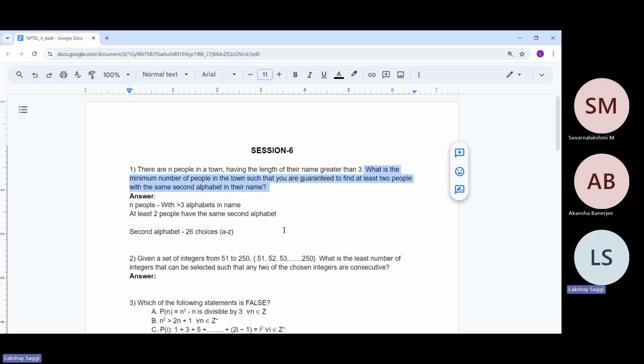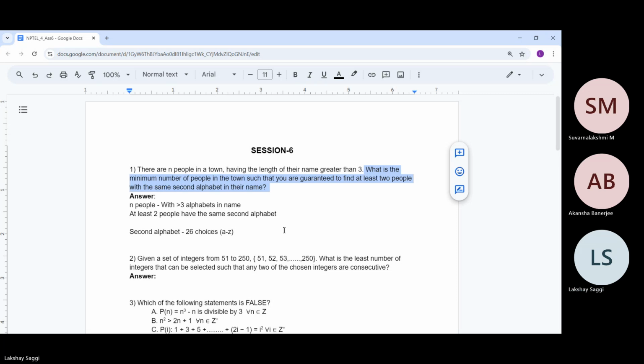This is an important distinction, because if it was up to us, we could have just chosen two people who we saw have the same second alphabet, and output the answer as two. But it is not up to us. It is up to the adversary to choose the people. The adversary will always try to choose the maximum number of people who don't have the same second alphabet.